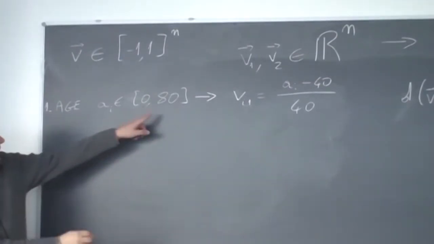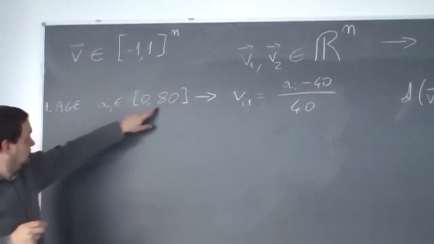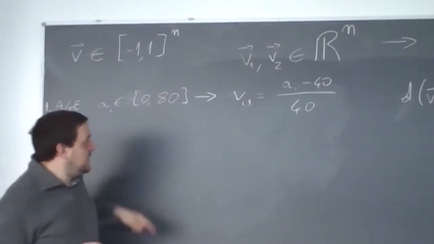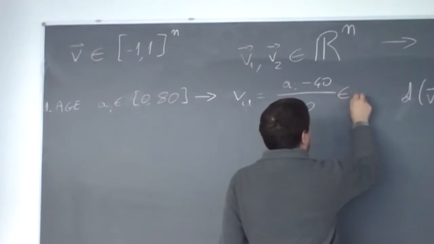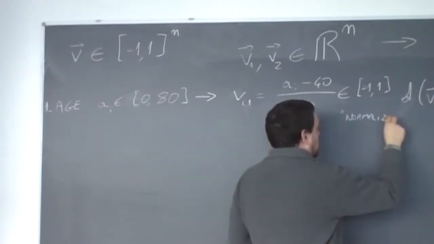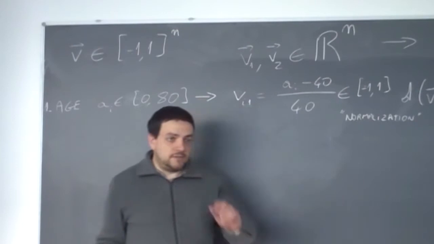Since we asked this number to be between 0 and 80, this feature is between -1 and 1. We are doing some normalization of our data.